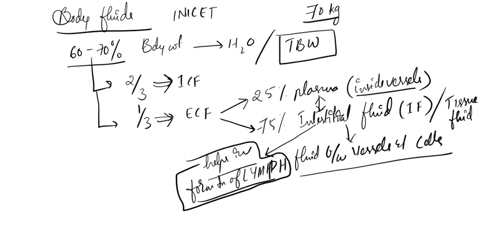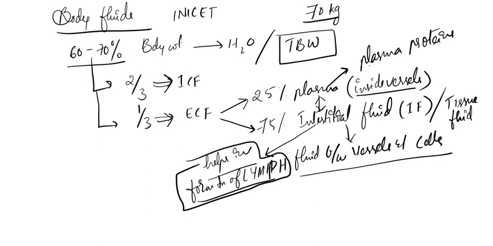But what is the difference? Plasma has something called plasma proteins. Can anyone tell some examples of plasma proteins? Albumin, globulin, clotting factors. I asked one of my students, is a clotting factor a plasma protein or not? He said not. Clotting factors are not plasma proteins.